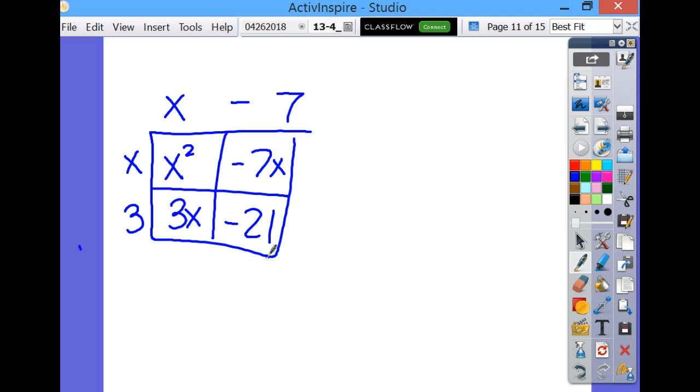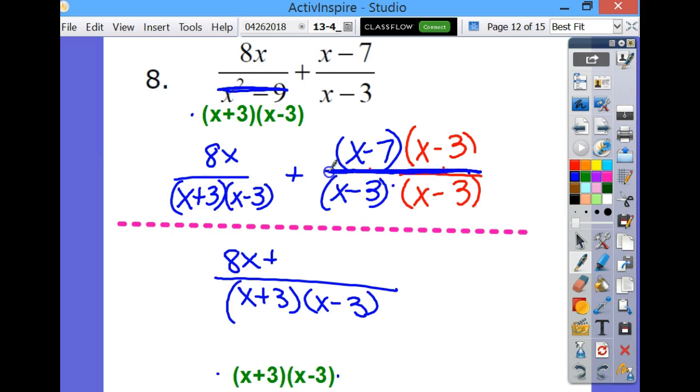I multiplied the binomial times a binomial using a box problem. Now, why did I have to use a box problem here? This is a binomial times a binomial. In the previous problems, we just had a distributive. This is a double distributive, and so this is going to be x squared minus something.